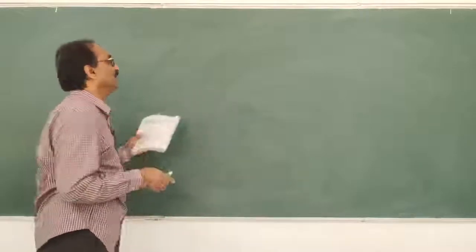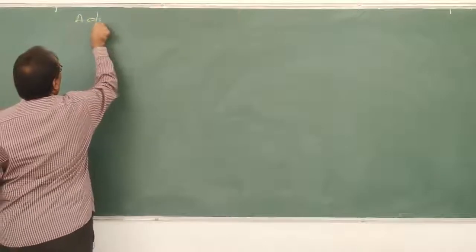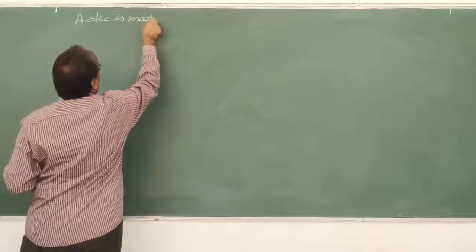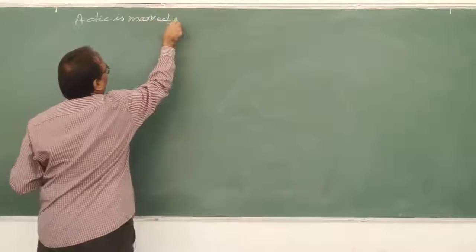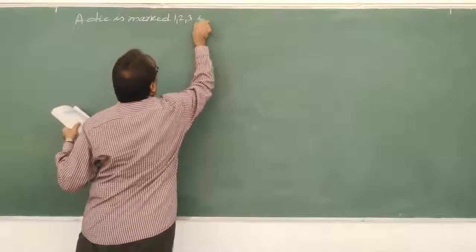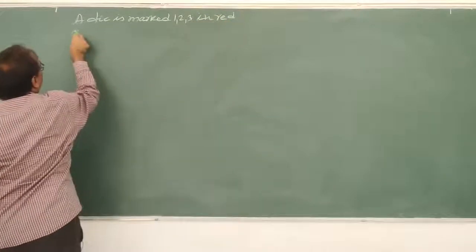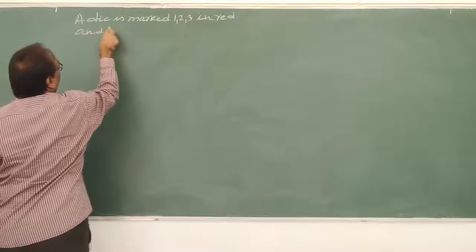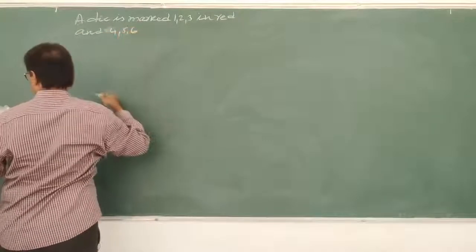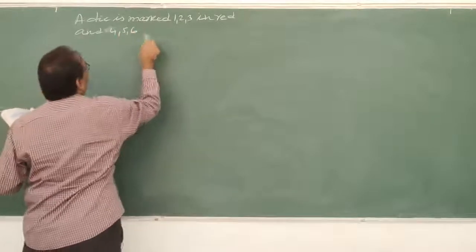So first of all, what work is done here? A die is marked 1, 2, 3 in red and 4, 5, 6 in green.